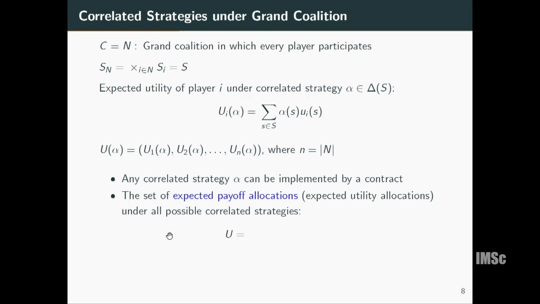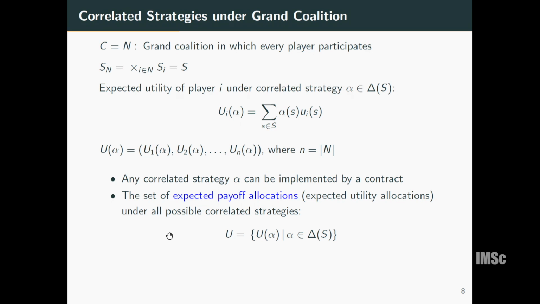We have already done this. Any correlated strategy alpha can be implemented by a contract. You can go to your coin tossing example and just implement it, because it's nothing but the assignment of a probability distribution over the strategy profiles, and the expected payoff allocations you can also do, okay? Are you with me? Okay.